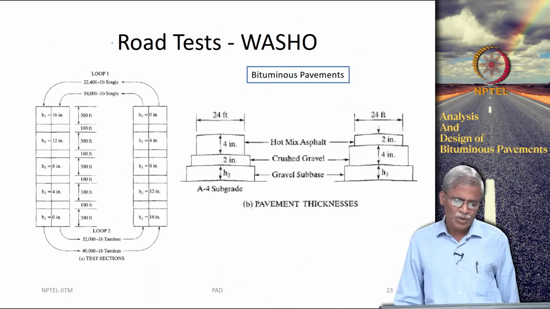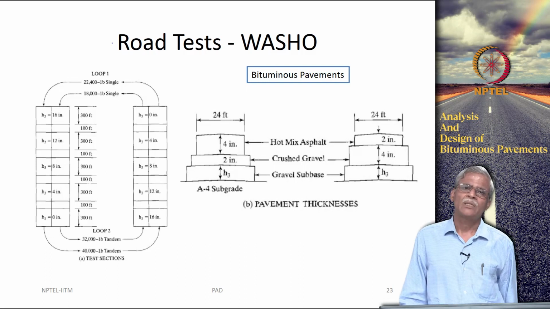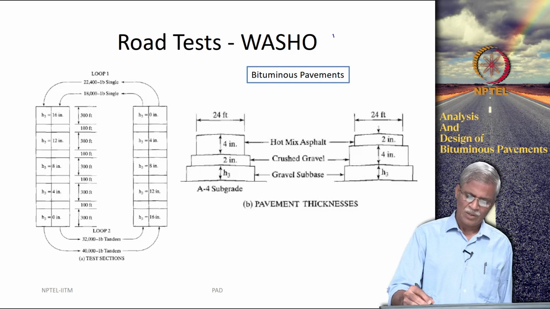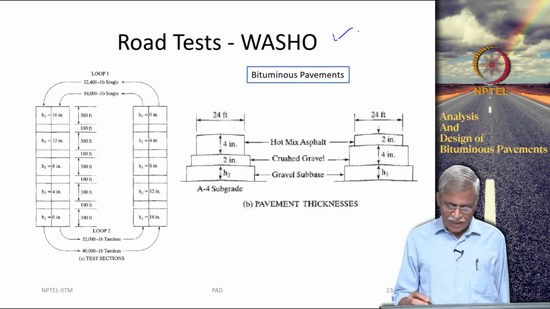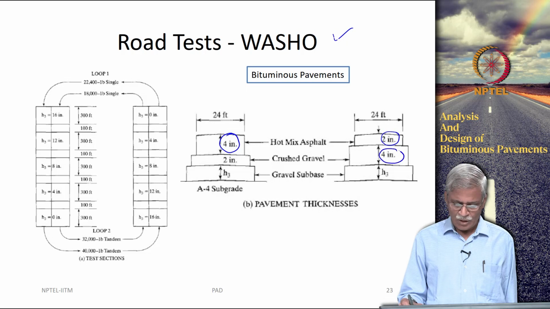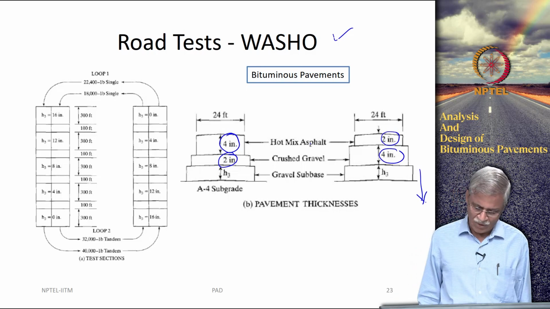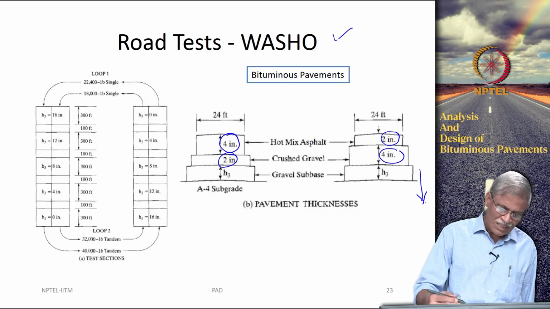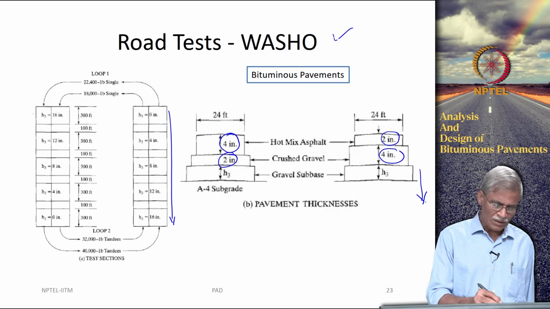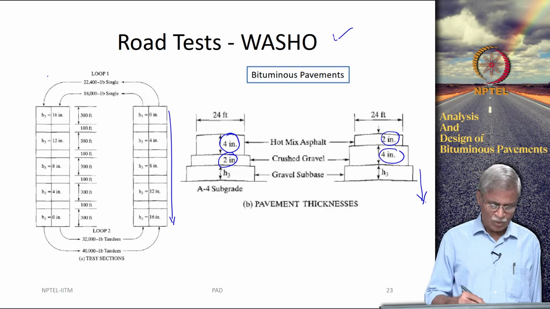The next and the most important road test was constructed by the Washington State highway officials, what is called the AASHO road test. They were looking at the influence of layer thickness, so 4 inches, 2 inches, and this is something that is variable, hot mix asphalt and crushed, and there were many stretches that were constructed here, and you can see different layer thicknesses of the third layer that is provided here.